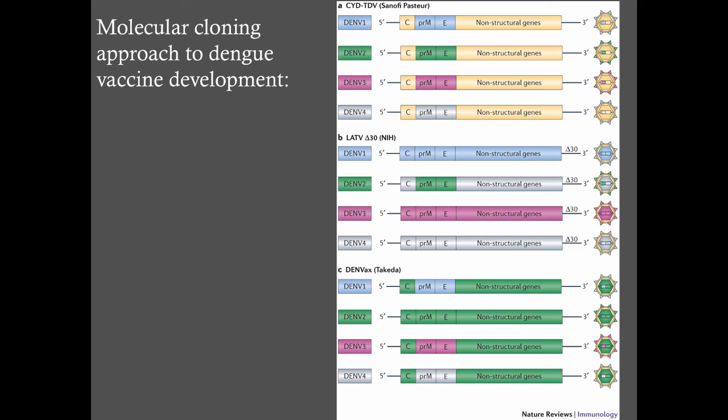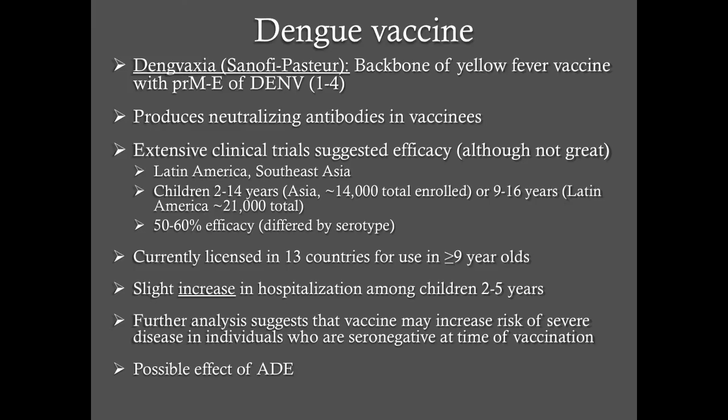So this idea has been around for a little while, and they tested it and it worked in mice and non-human primates, and eventually went to very large clinical trials in dengue endemic areas, so in Latin America and Southeast Asia. In Asia, they looked at children 2 to 14 years of age, enrolling a total of 14,000 kids in their study.